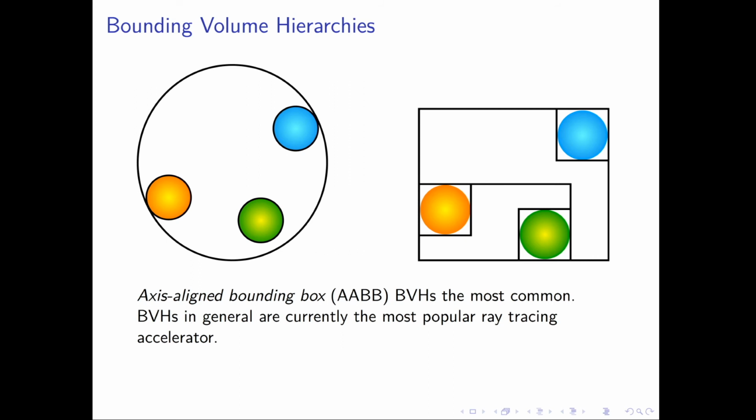This test is very efficient. On the other hand, in order to test a ray against a sphere, we have to solve a quadratic equation, and for that we have to deal with square roots.